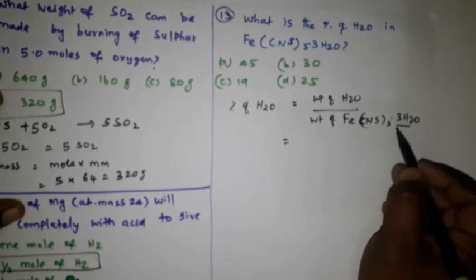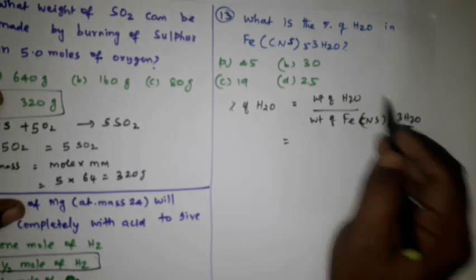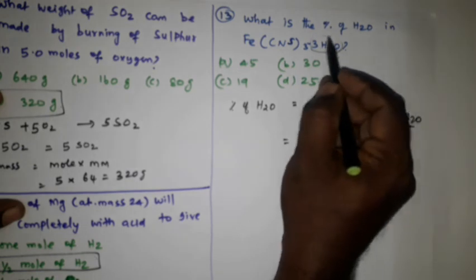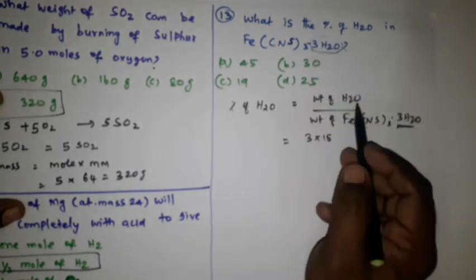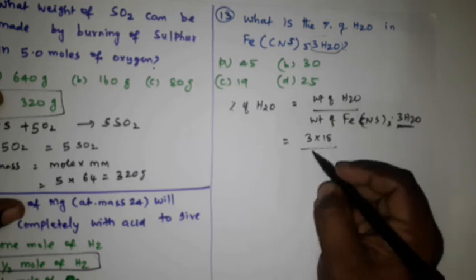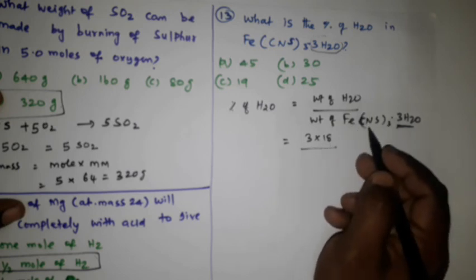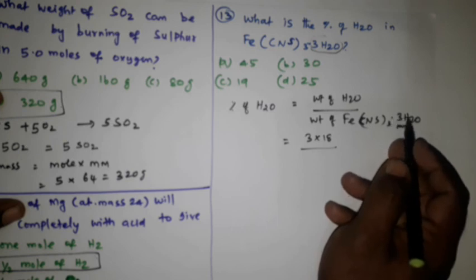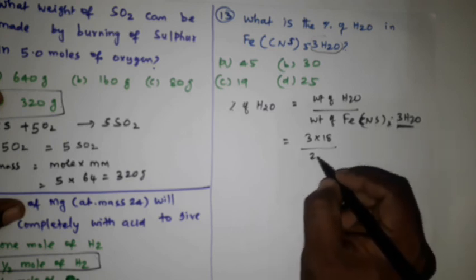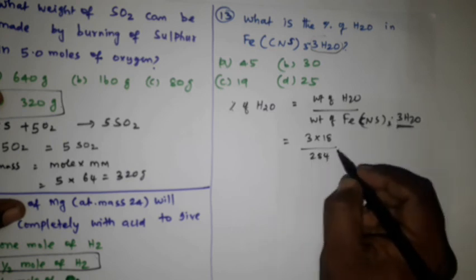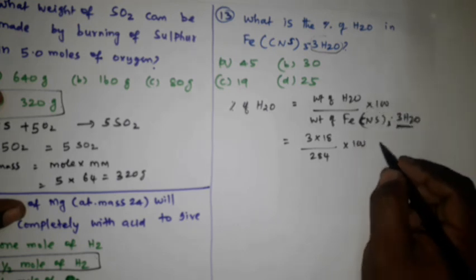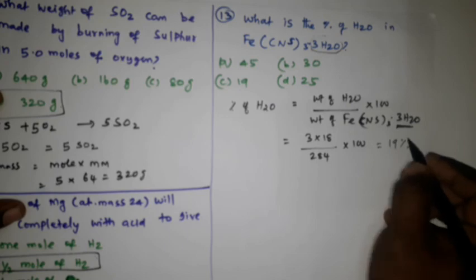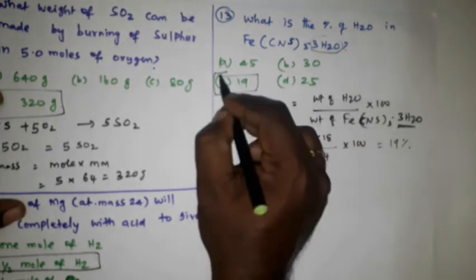Water is 3 times, so 3 into the molar mass of water, 18, divided by the molar mass of Fe(CNS)3.3H2O, which comes around 284, into 100. So the percentage will be 19%. So option C is the right answer.